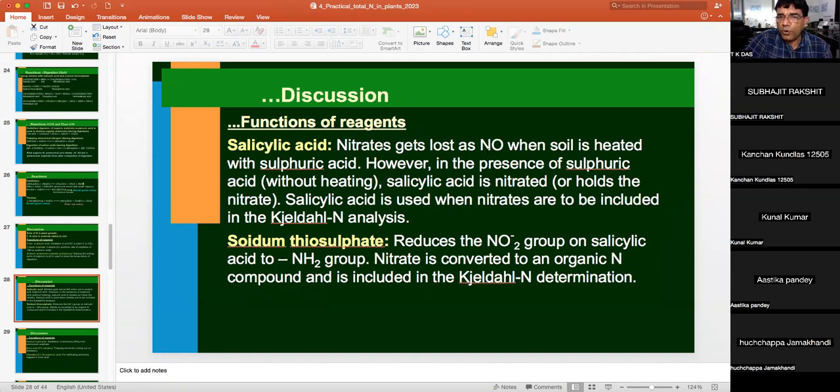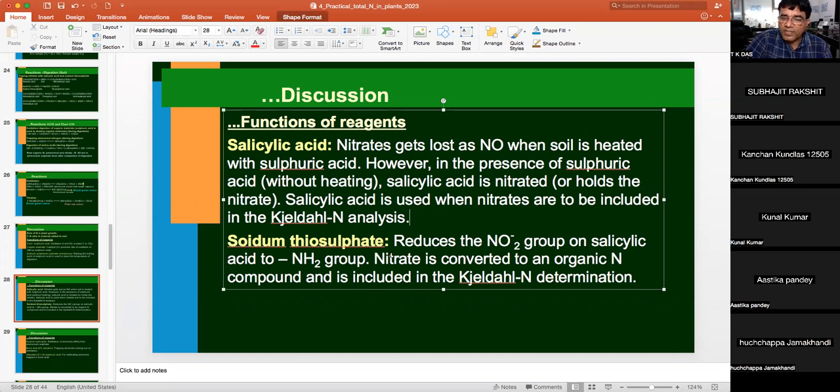Nitrate is lost as nitrogen oxide gas when soil is heated with sulfuric acid. However, in the presence of sulfuric acid, without heating, you remember we have added salicylic acid before heating. Salicylic acid is nitrated, or holds the nitrate. Salicylic acid is used when nitrates are to be included in the Kjeldahl nitrogen analysis, only for soil, not for plant.